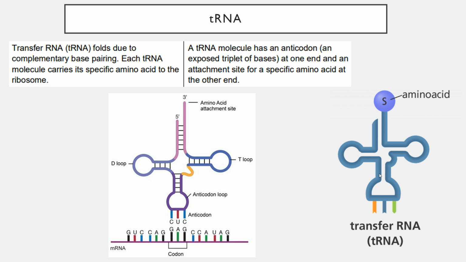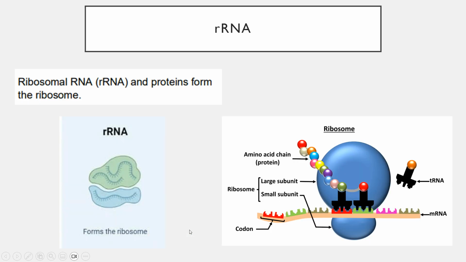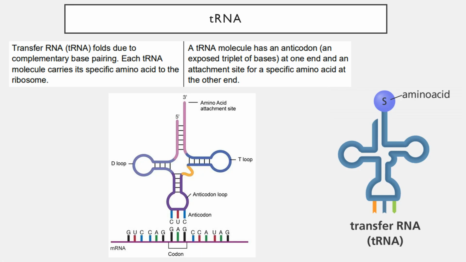Two features are very important. Firstly, the anticodon site, three bases right down at the bottom of the tRNA molecule, anti or opposite to the codons of the messenger RNA. So the base pairing rule is going to become important again. If there's a G on the codon, there must be a C on the anticodon. There's an A here, so a U in the anticodon.